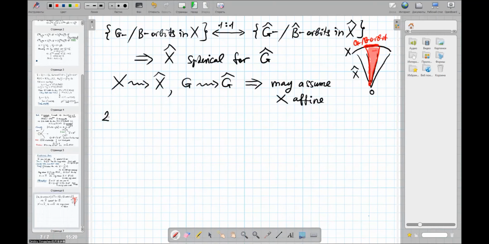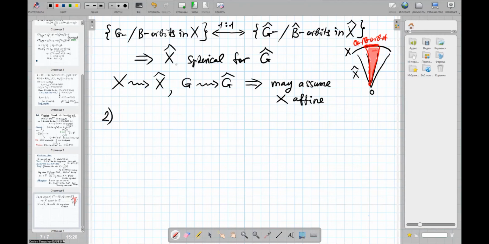And now, before I turn to the second part of the proof, maybe you have any questions on the first part, how to reduce to the affine case. Is it clear? Well, I hope so, at least. The X hat here is an open affine variety.